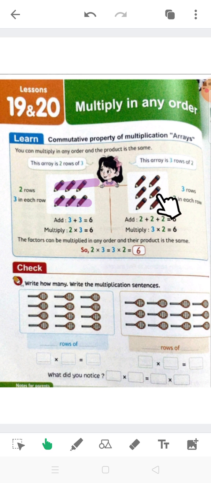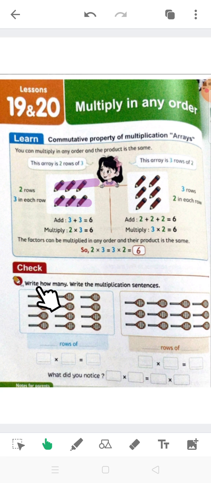Okay, 3 times 2. So the product will be 6. Do I have the same answer? Yes. When I say 2 times 3 equals 6, when I say 3 times 2 equals 6 also. Why? Because I can multiply in any order, or I can change places. Okay, this is called the commutative property.